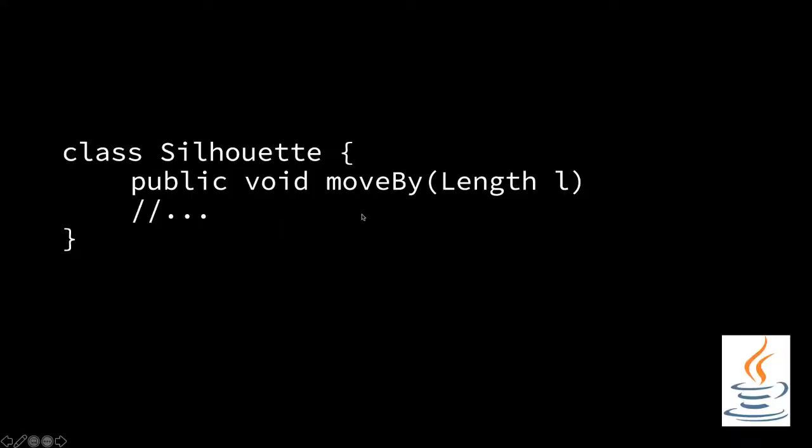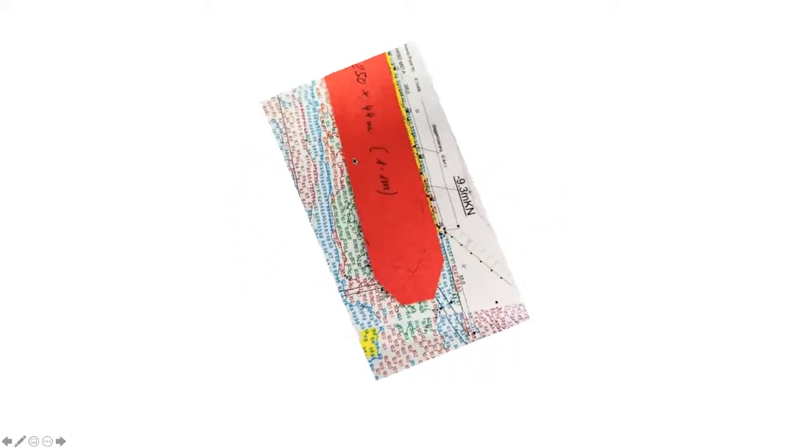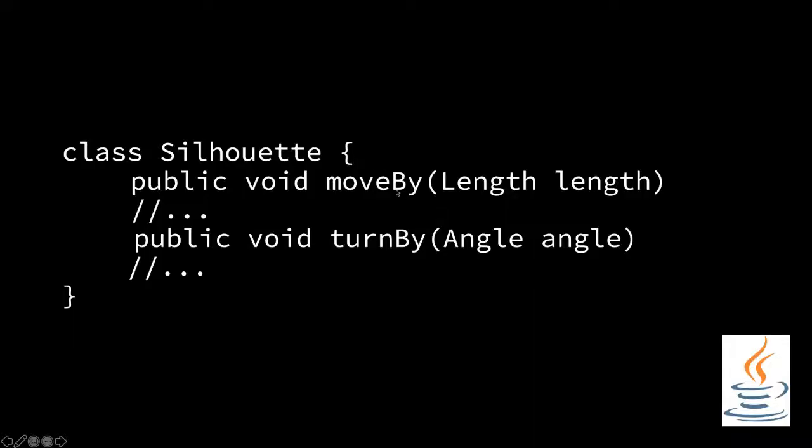And then the next step is, let's see what is done with these things. A ship silhouette, for example, is moved. Then we say, okay, the actions that are done to our work objects, those become methods in our model. So we put a method move by a length into our silhouette. And another thing that's done to our silhouette is it is turned, and we make another method out of that as well.